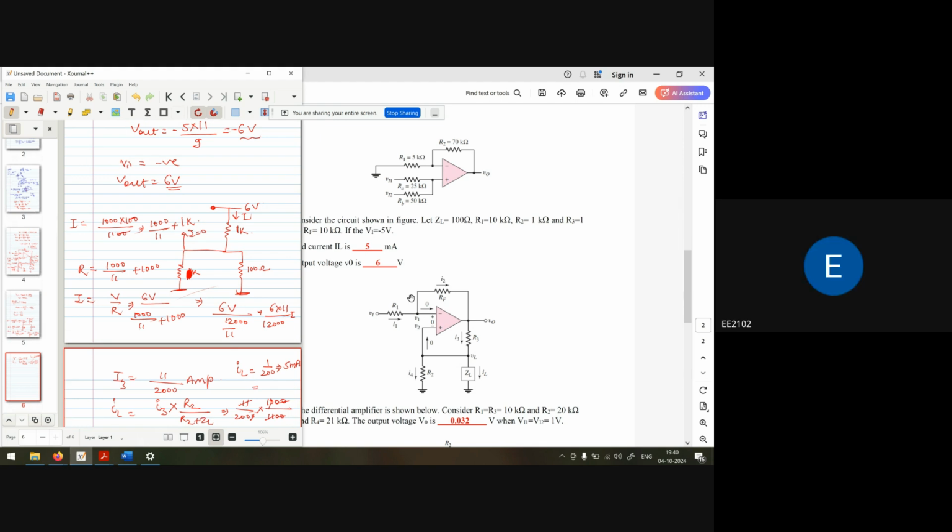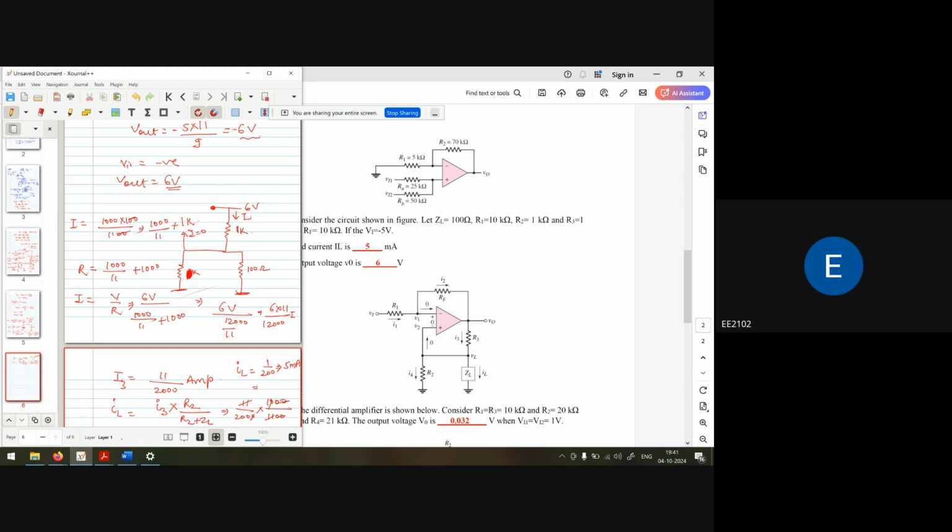That particular value is only for this point. While doing that, shouldn't we consider that ZL also, that 100 ohm ZL? ZL for what? For VL. When we say VL is equal to VO by 11, so ZL we consider in this scenario.